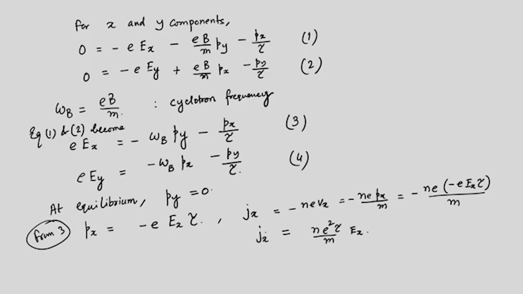So, this is the Jx, and this is a comforting equation, because it comes from Drude's theory, or it's a restatement of Ohm's law, which tells you that J, the current density, can be written as sigma into E, where sigma is the conductivity, and conductivity is actually a tensor. In our case, it's a 2 by 2 matrix, a tensor of rank 2.